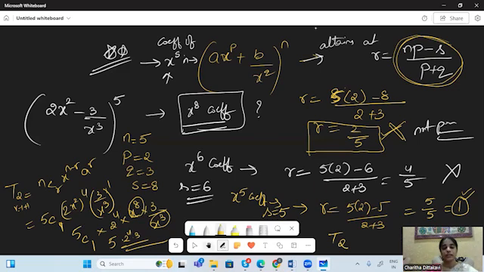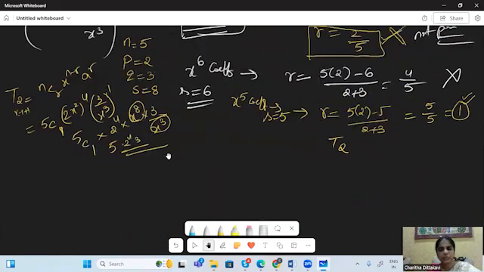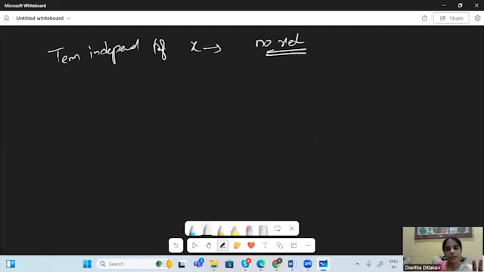Next, coming for what is the term independent of x in the expansion. If it is term independent of x, which means there is no x at all in that term, I want x to the power 0. Here I consider s equal to 0.